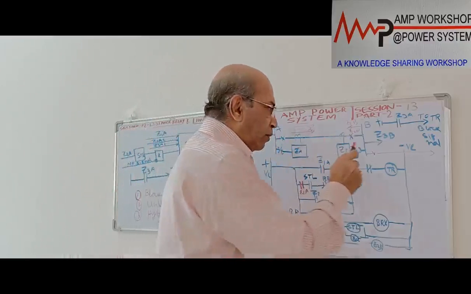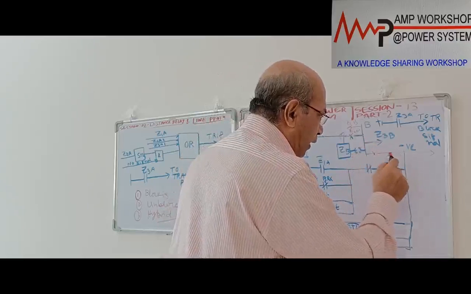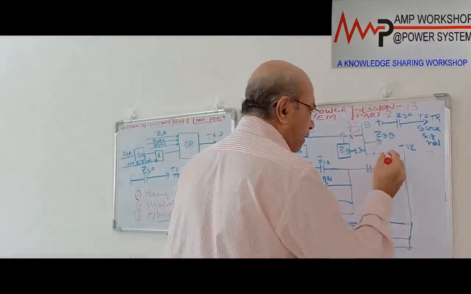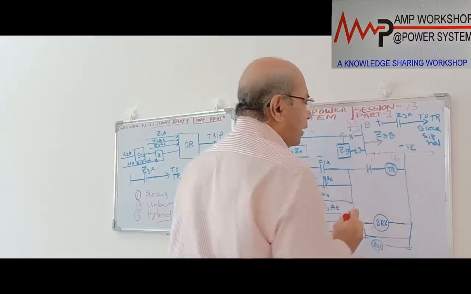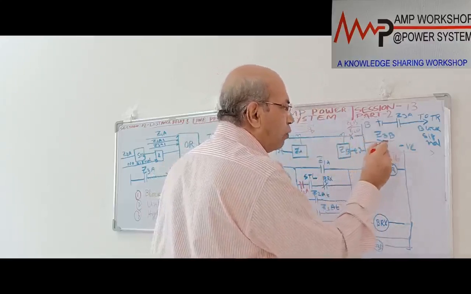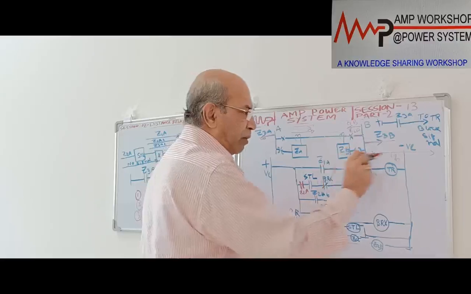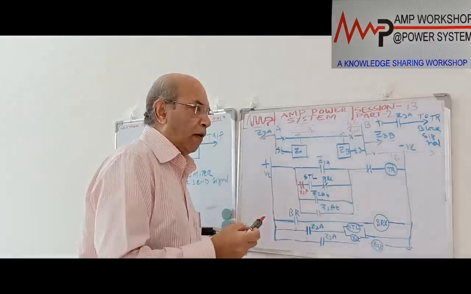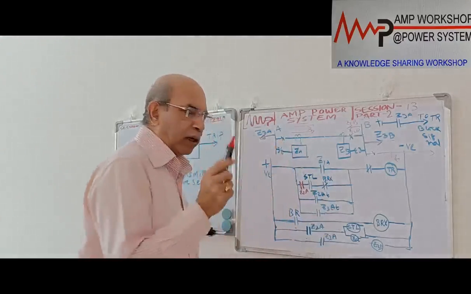Suppose this is a line and there is a fault over here. If the fault is on this line over here, in this case the Z3 element of this station B will be looking at this fault, and then this element will issue a signal to the other end to block the operation.